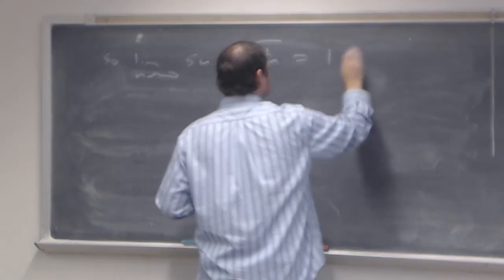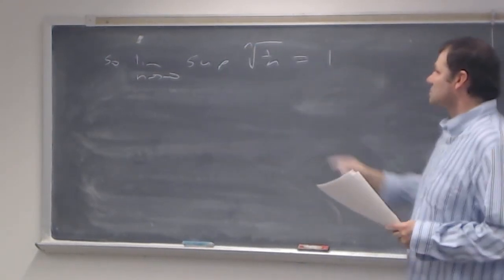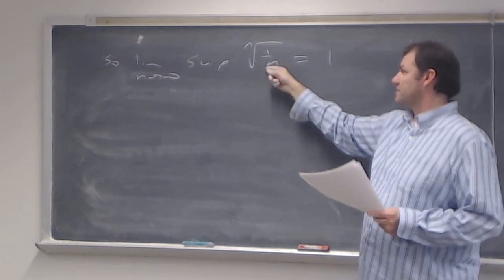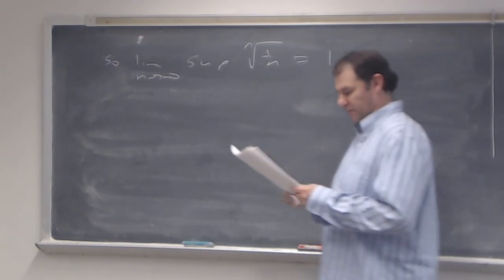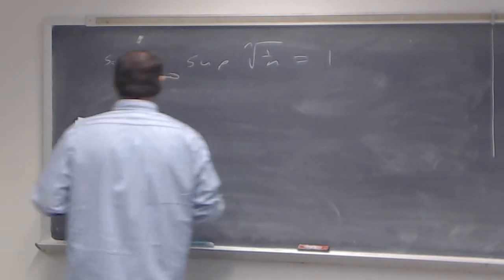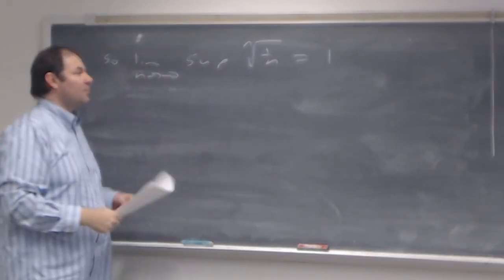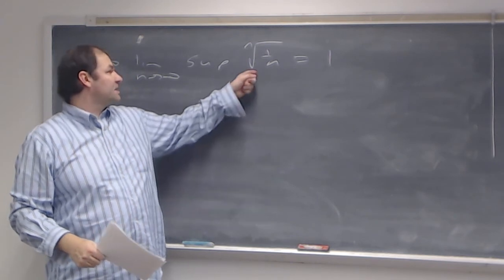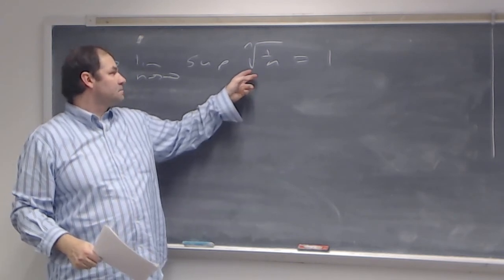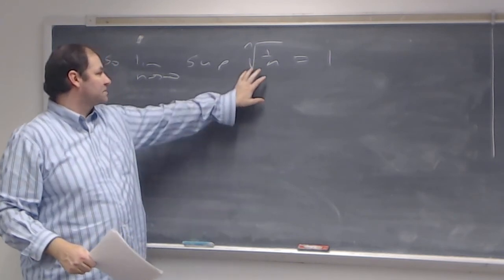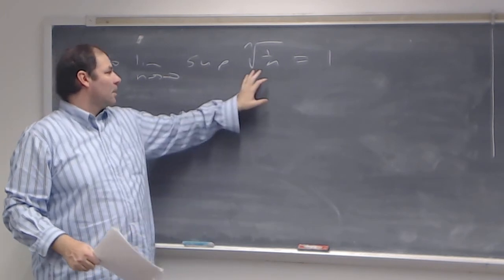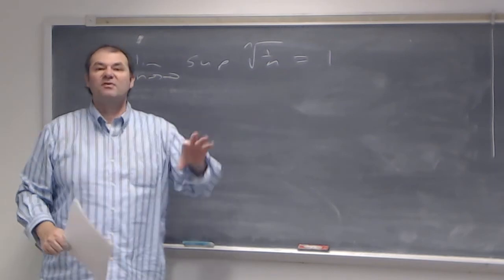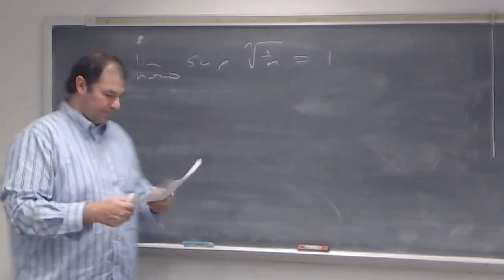That's going to be 1, because this converges to 1, so every subsequence of this has to converge to 1. So that's an example where we looked at a series, and the sequence involved in the series goes to 1, but the series diverged.